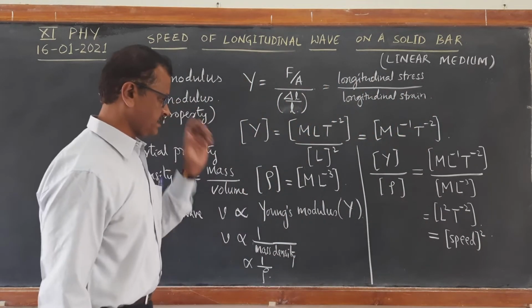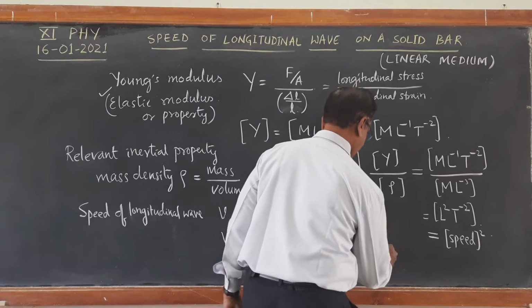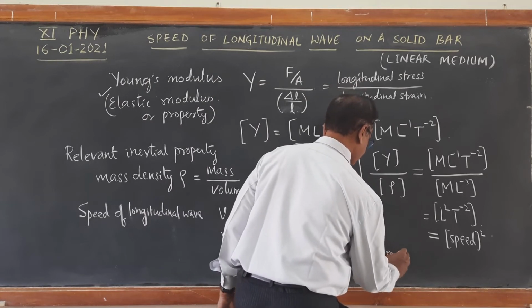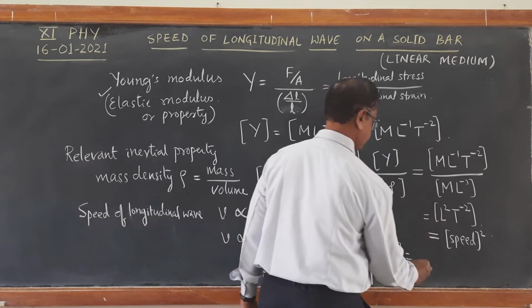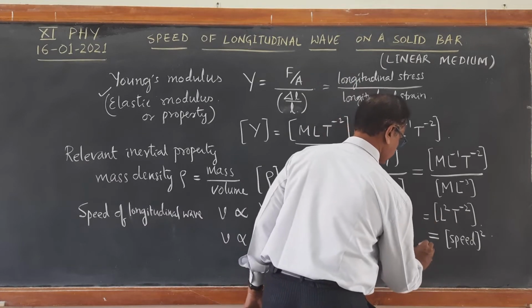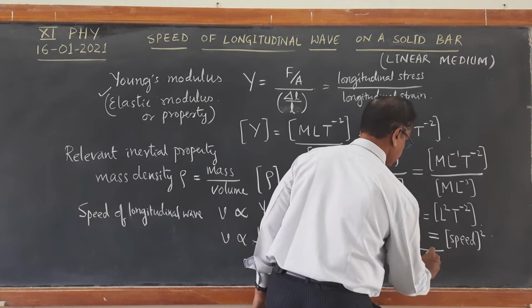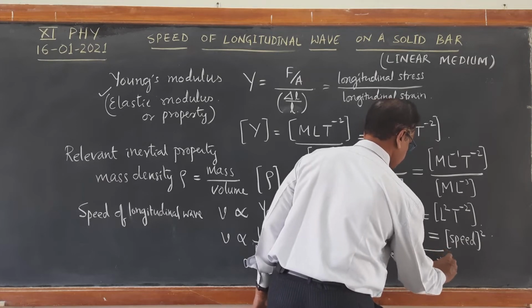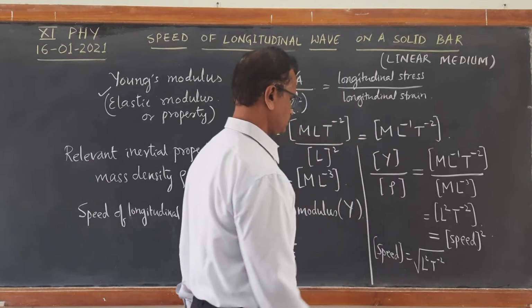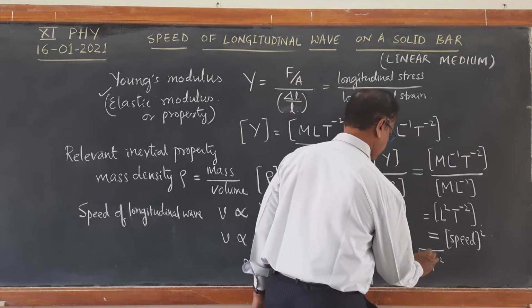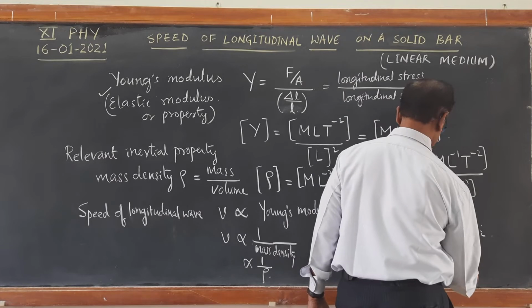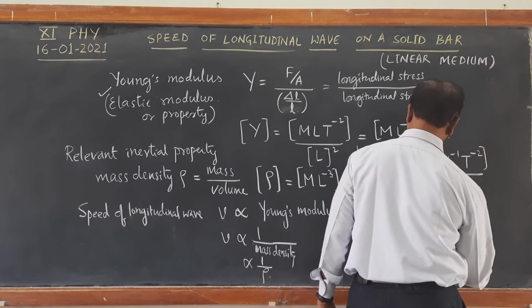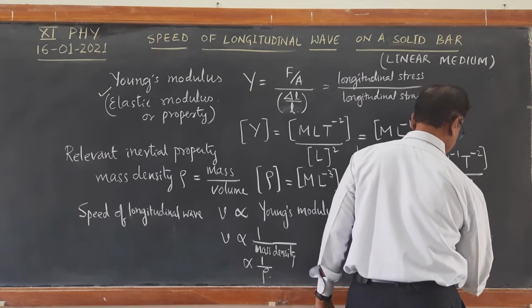Therefore, we can say that the speed dimension is equal to the square root of L squared T raised to -2. Thus it concludes that it is the dimension of Y by rho.